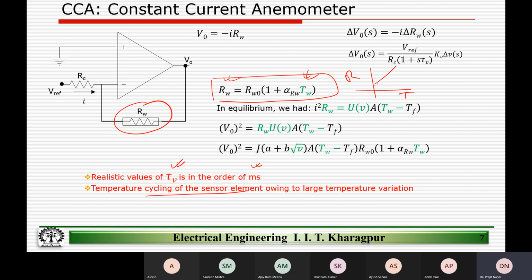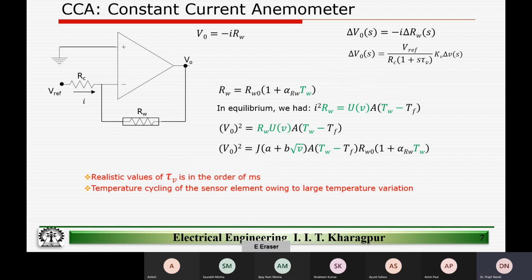But in reality, if the temperature keeps changing, probably there will be a hysteresis loop. So this simple behavior of a straight line equation may not hold good if we are subjecting the sensor element to temperature cycles. So that is the second problem.